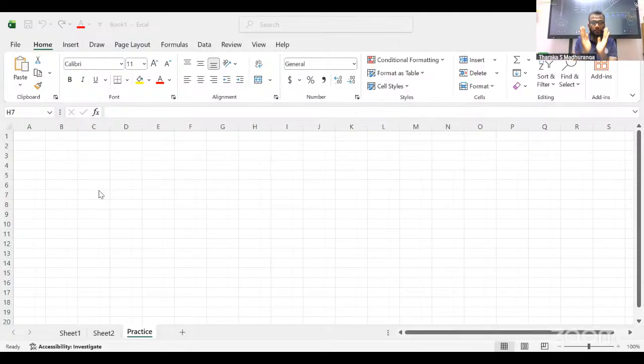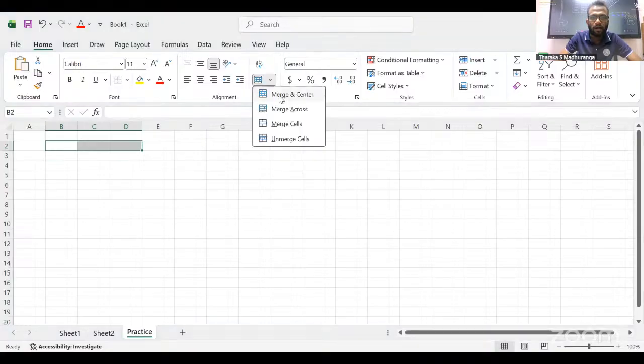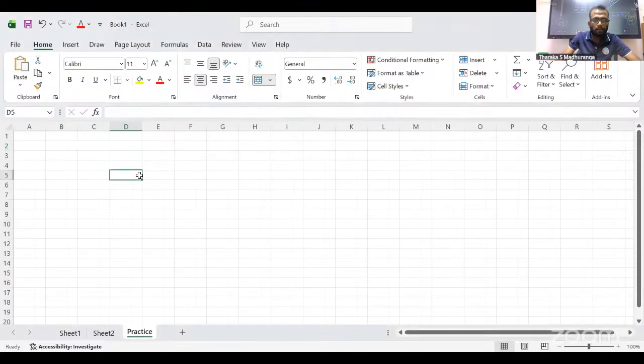My first target is to get 3 cells as one cell. Then the tool is merge. We have merge and center, merge across, merge cells, unmerge cells. What's the meaning of merge and center? Let me unmerge.